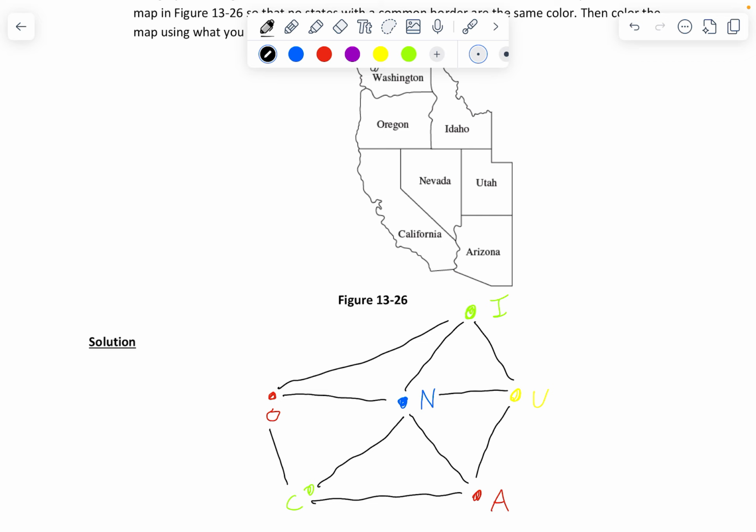So Washington cannot be either green or red. Let's make it blue. There's W for Washington. Washington borders Oregon and Idaho, right? So then you just want to make sure that no two adjacent vertices are connected to each other, okay? Yeah, so I think that's our completed map right there.